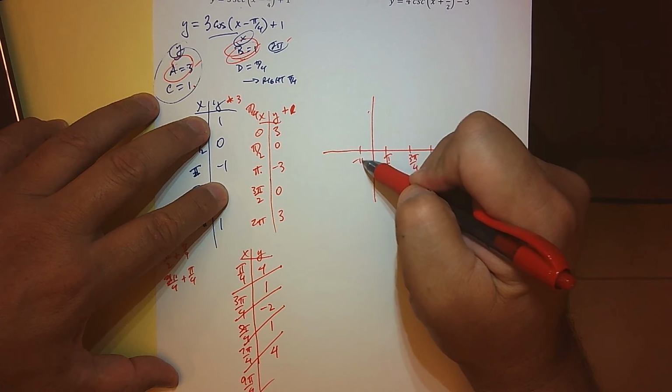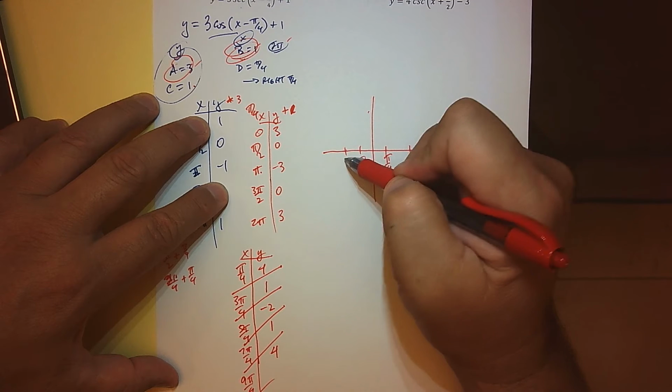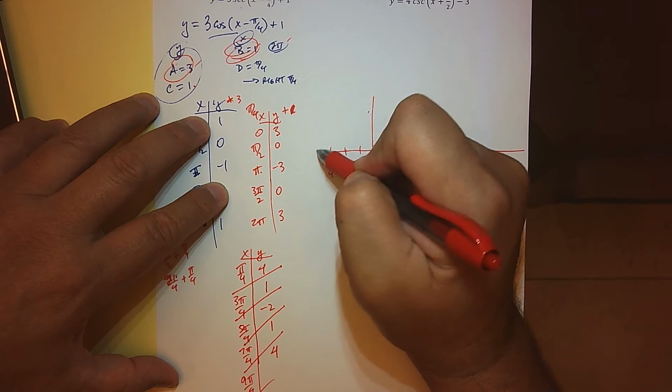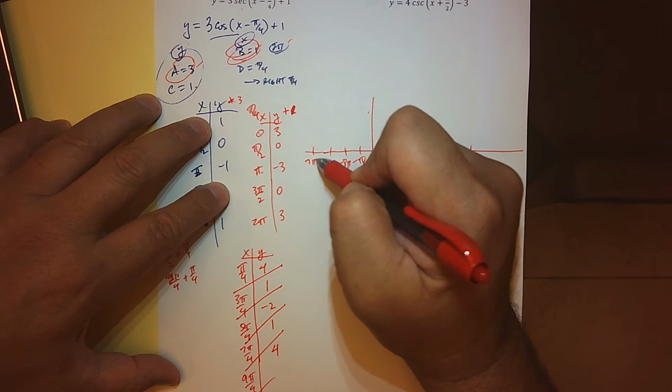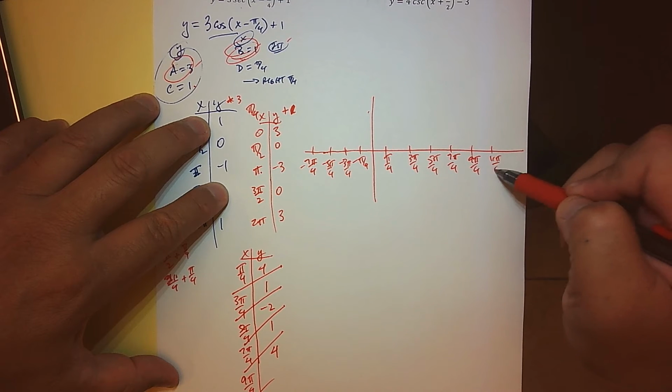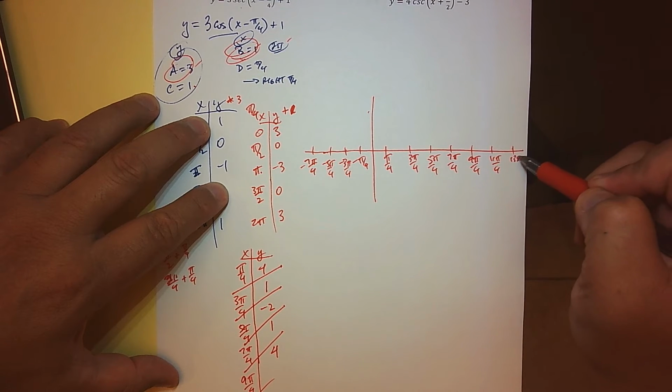We have their negatives. And we can even keep going on. It looks like we have odd multiples of pi over 4.